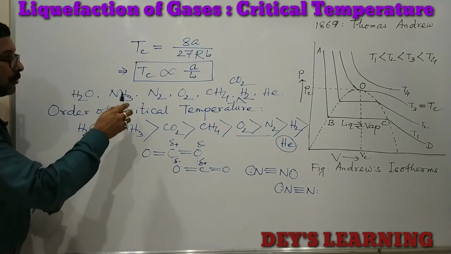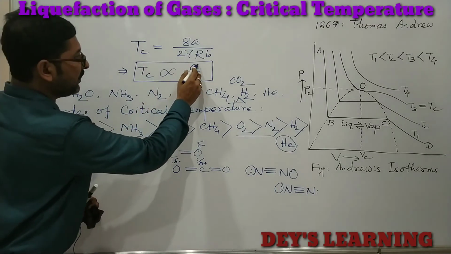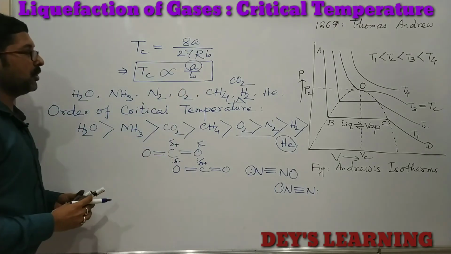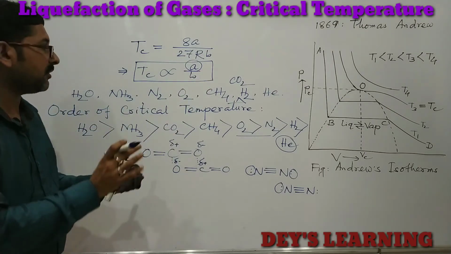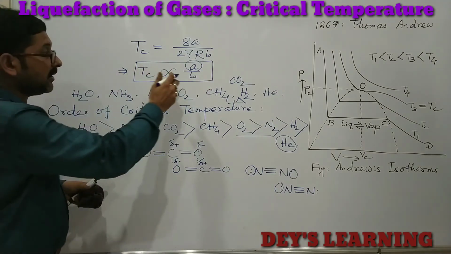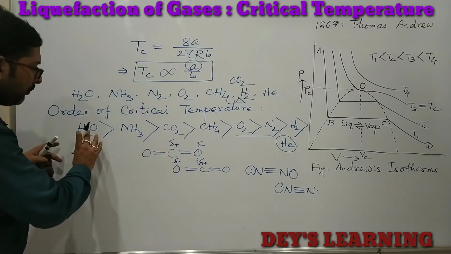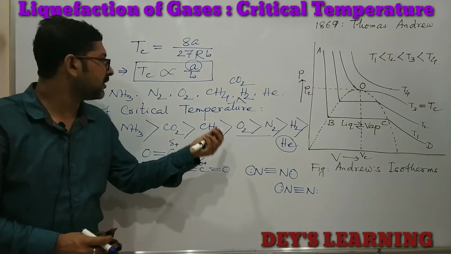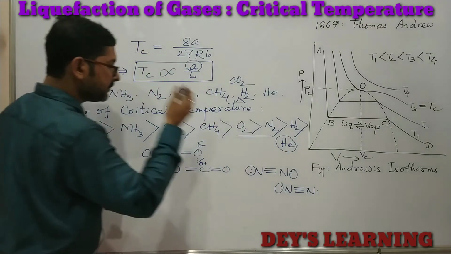So we explain this order with respect to the intermolecular attraction force. We know a is the measurement of intermolecular attraction forces among the gas molecules, and b is the size of the gas molecules. There is no large difference in the size of the molecules except helium or hydrogen.